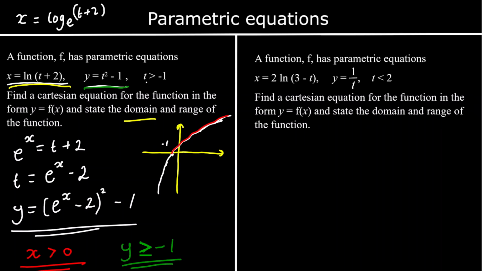A function f has parametric equations. x equals 2 log (3 minus t). y equals 1 over t. t is less than 2. Find the Cartesian equation for the function in the form y equals f of x. So let's rearrange our x. So let's halve both sides.